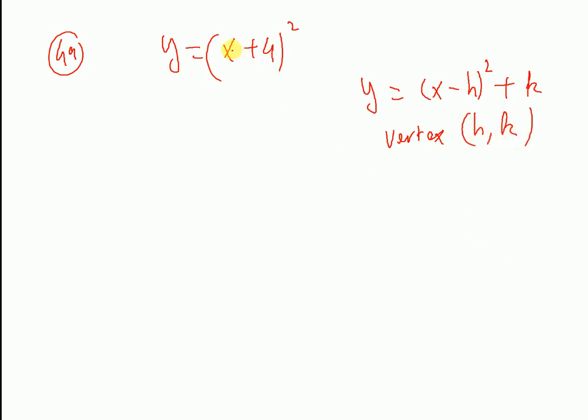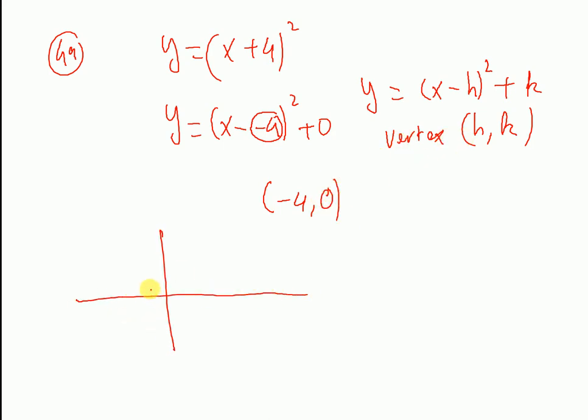Now the x term here, we have 4. You can rewrite this as x minus minus 4 squared plus 0. Because the two minuses become plus here, you're not changing anything, and there's no number here, that means plus 0. And you can see minus 4 is corresponding to h, k is 0. So you have minus 4 and 0 for the vertex.